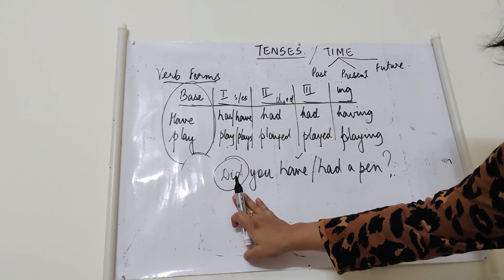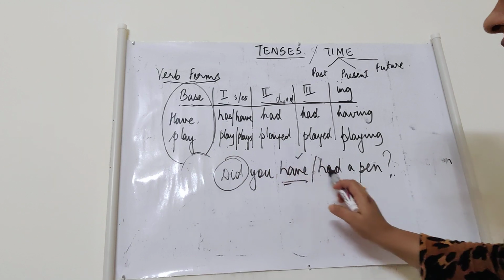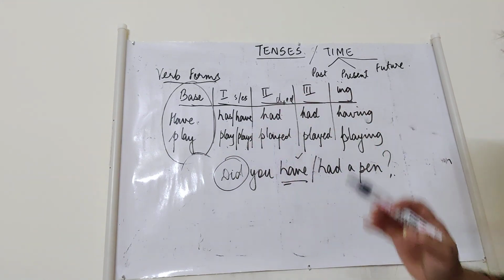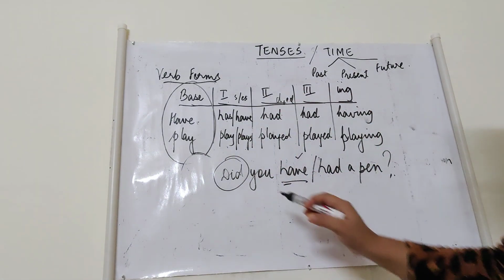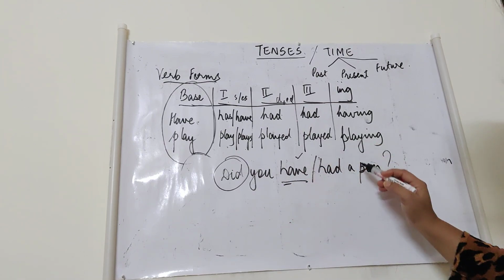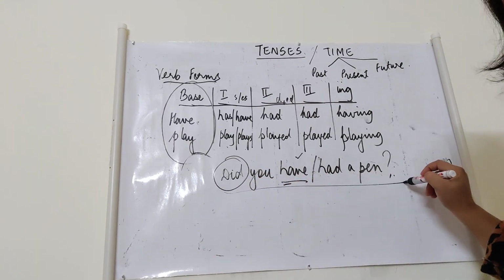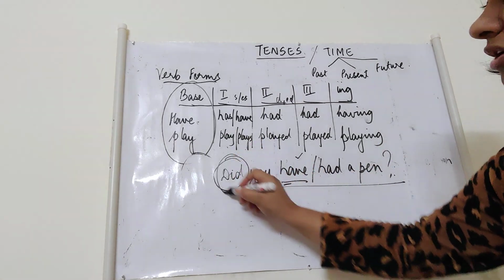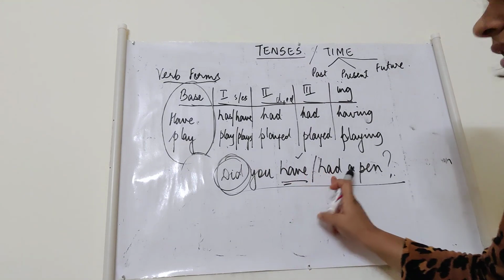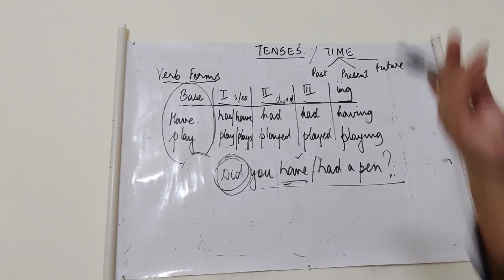So after do form, always the base form of the verb will come, base form, not the second form or the first form. Clear? So did you have a pen is right. Did you had a pen is wrong. Okay, I know that the sentence is in past tense, but past tense is denoted by this verb, not by this verb. Okay, it's a very important thing, children.